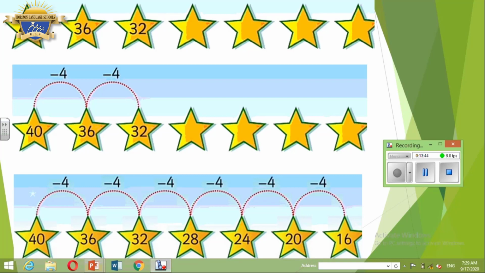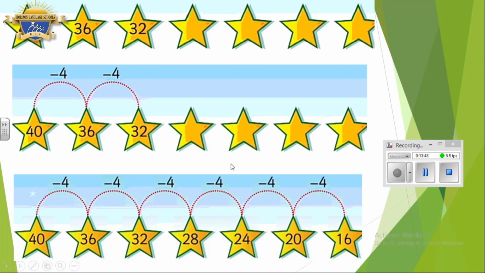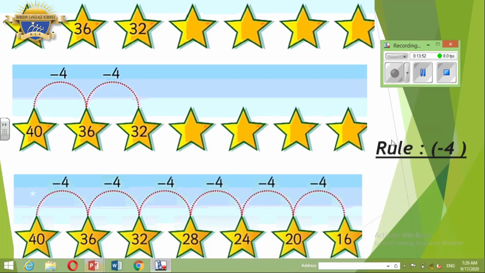So the rule is minus 4. Minus because the pattern is decreasing, and 4 because the pattern is decreasing by 4 each time.